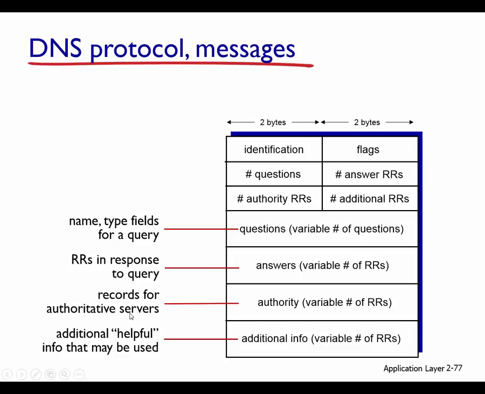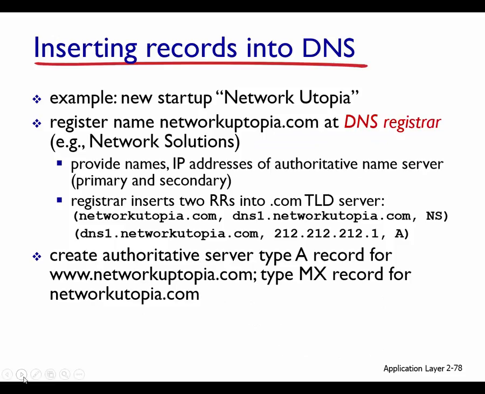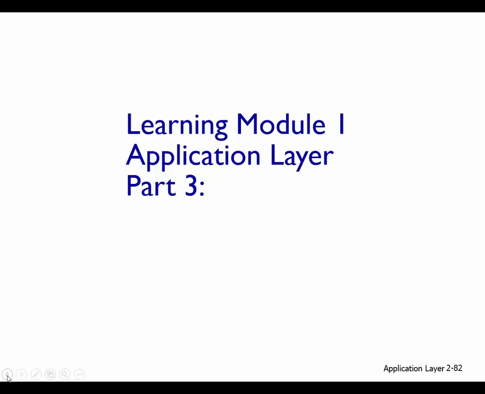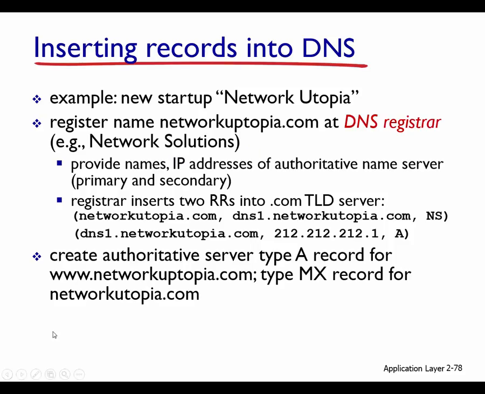It will also have records for authoritative servers, so this can point to an authoritative server, as well as some additional information that might be helpful. Let's see, here's an example.